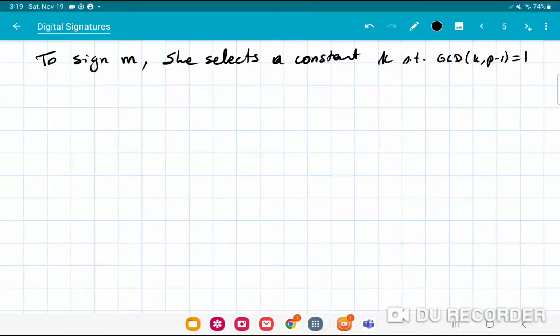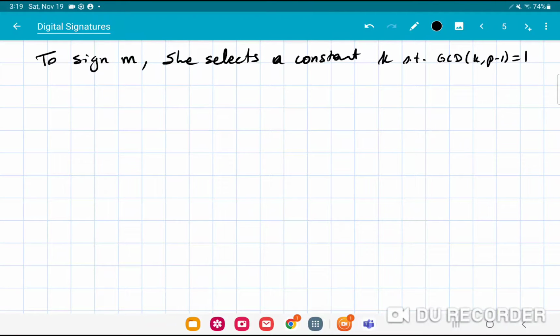I will tell you why later on, but k has to change every time the message changes. For every new message, she has to pick a different k, but alpha, a, and P can be kept constant. If k is out, everyone can forge her signature. If she repeats the same k for 2 different messages, then it's as simple as solving a congruence equation.